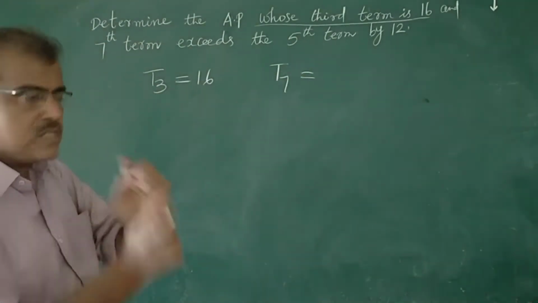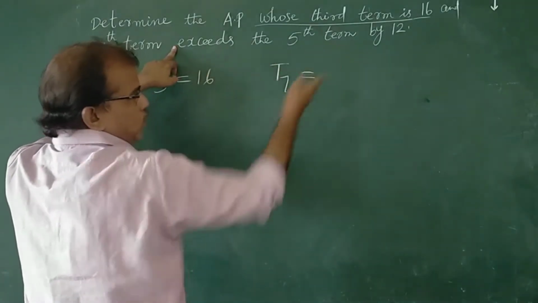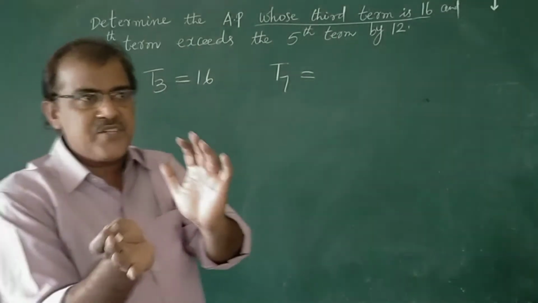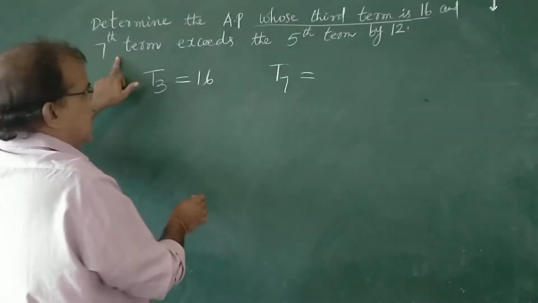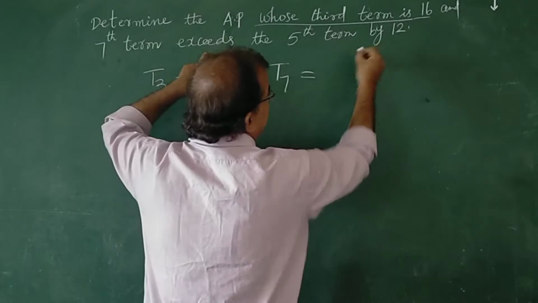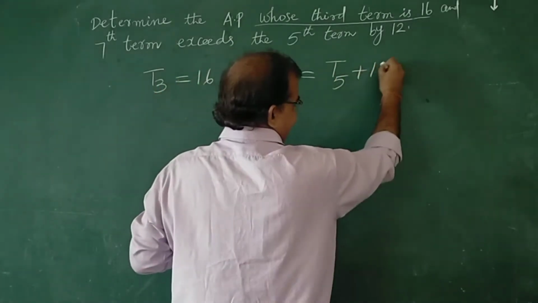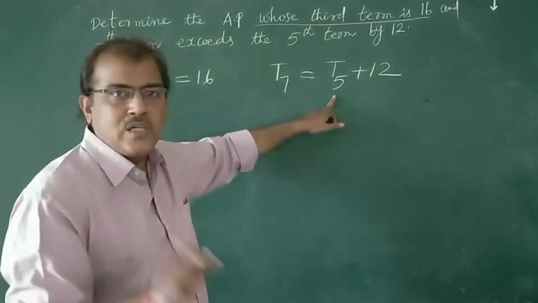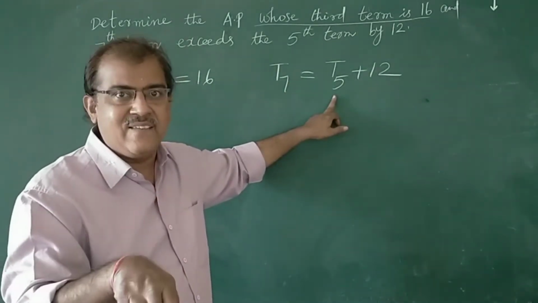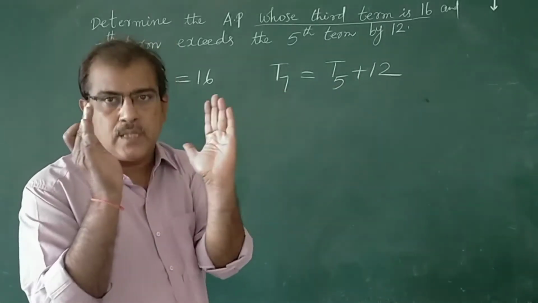Somewhat a little logic is there. Seventh term exceeds the fifth term by 12. There is a relation between the seventh term and the fifth term. This is very important: the seventh term and the fifth term are not equal. When it is equal, if you are adding 12 to the fifth term, then the seventh term and fifth term are equal.